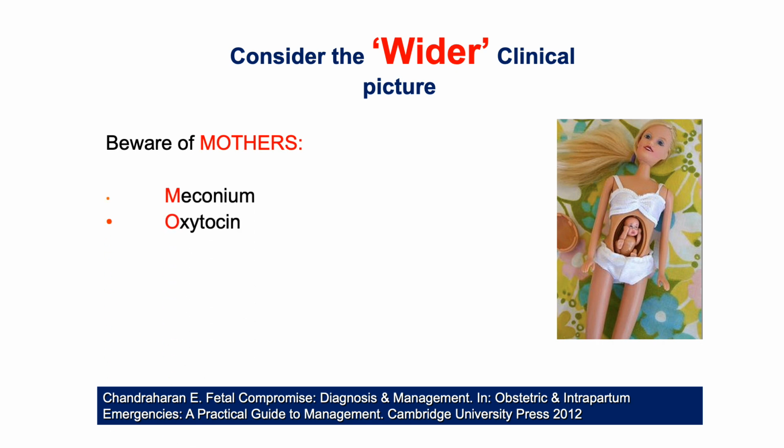Is there meconium? Are we using oxytocin to increase the stress of uterine contractions? Is the mum having a temperature that's going to increase the metabolic needs of a fetus and increase oxygen consumption, predisposing a fetus to hypoxic injuries?